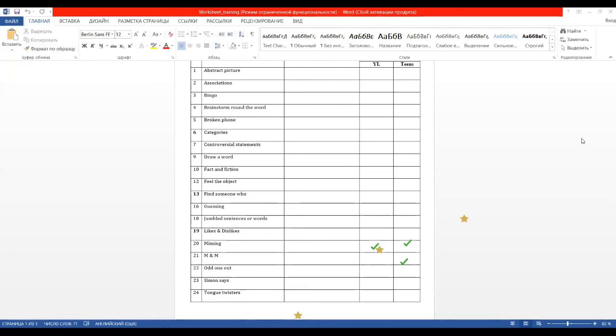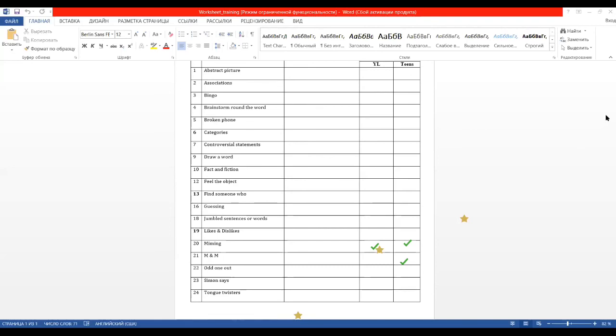Well, some of them, I suppose, can be good for icebreakers as well. For example, these associations for icebreakers, fact and fiction, when we talk about true, false sentences where your students have to guess some information. Likes and dislikes, again, they can be used for icebreakers there.